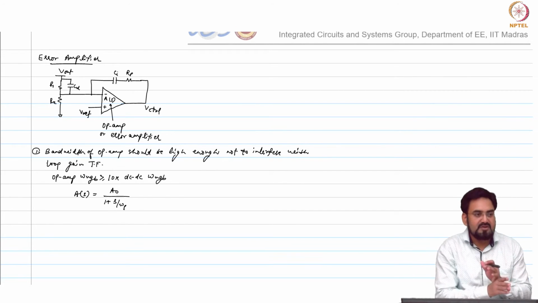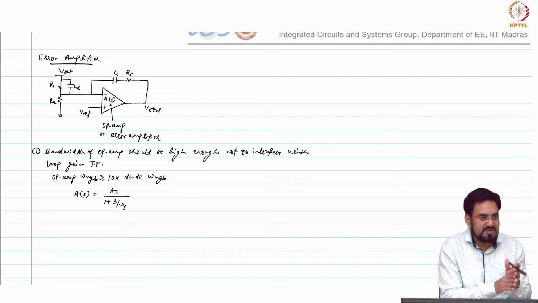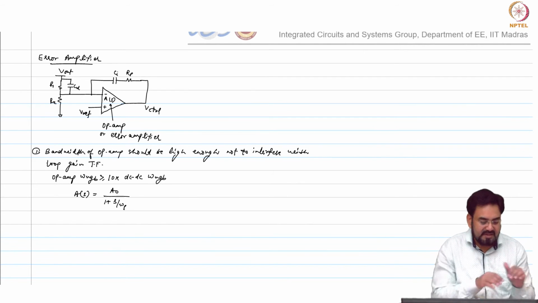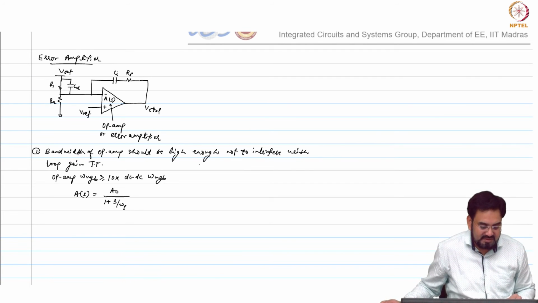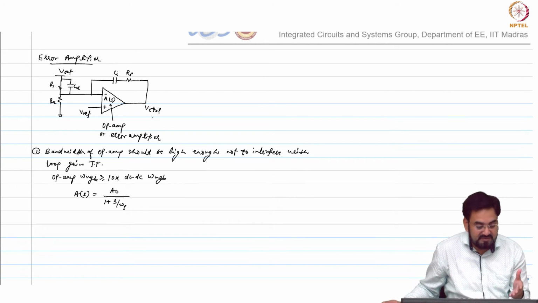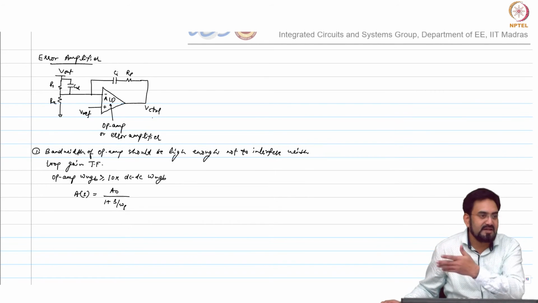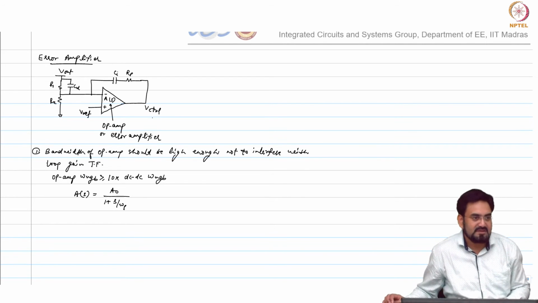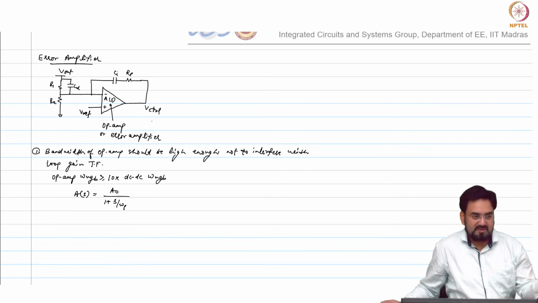So that's the UGB which you want to keep outside your UGB so that you get enough bandwidth. Because one thing you have to remember, this op amp is not in open loop. We have a closed loop network around that. So that's why we are not looking at 3 dB, because if you want to keep 3 dB at 100 kilohertz, then you can imagine what kind of UGB is required, order of gigahertz also, which is almost impractical.